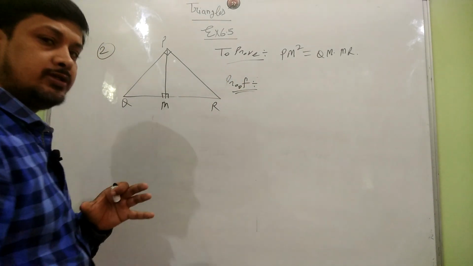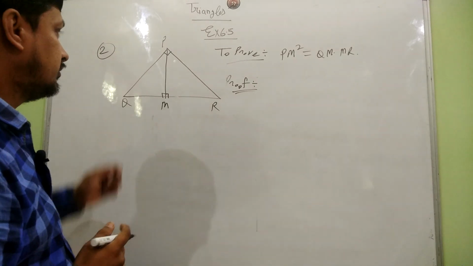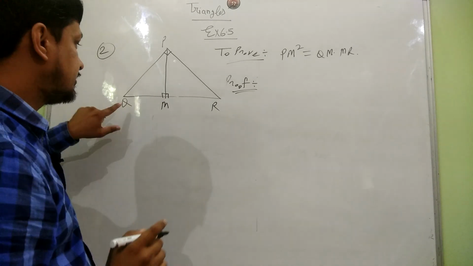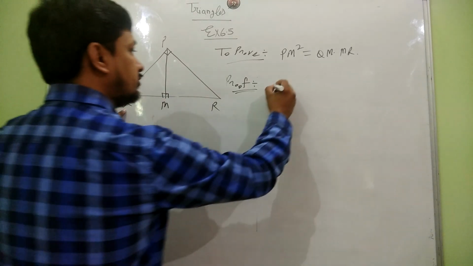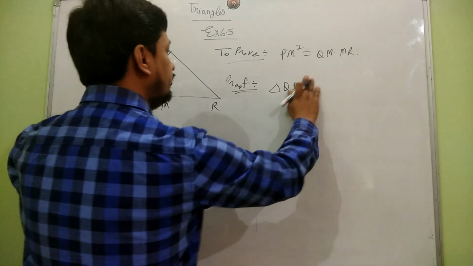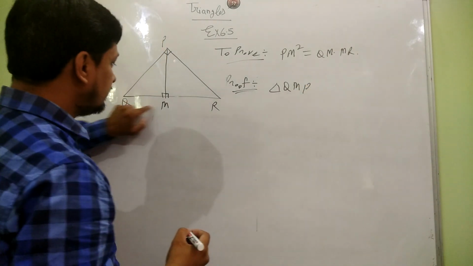We can use the theorem directly. But we have to know the sequence. I told you, you will start from the point Q. So, triangle QMP, you have to pass from the 90-degree angle.